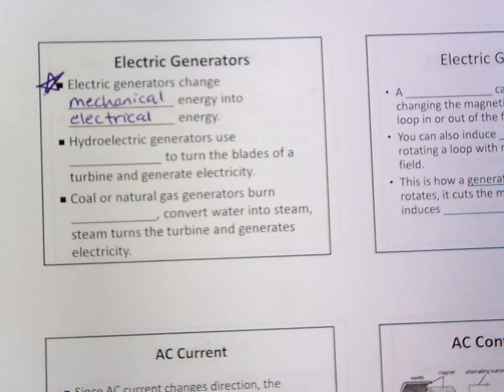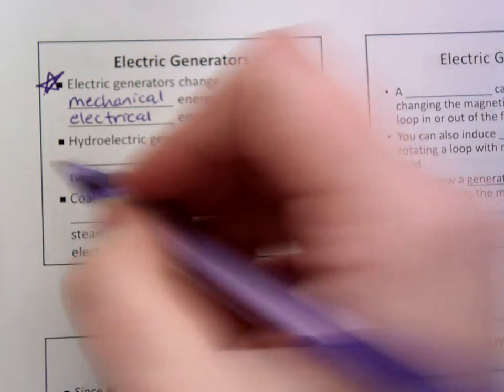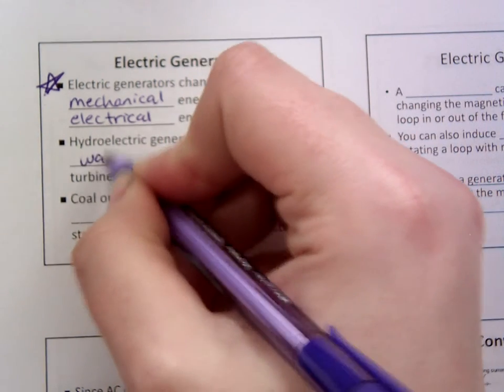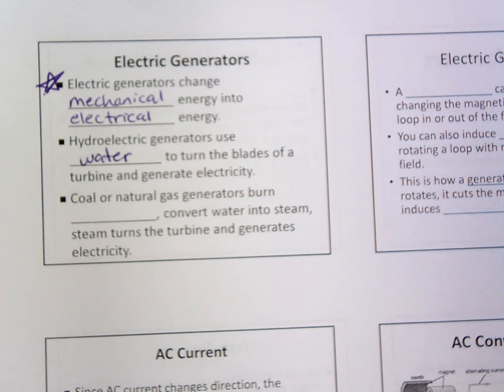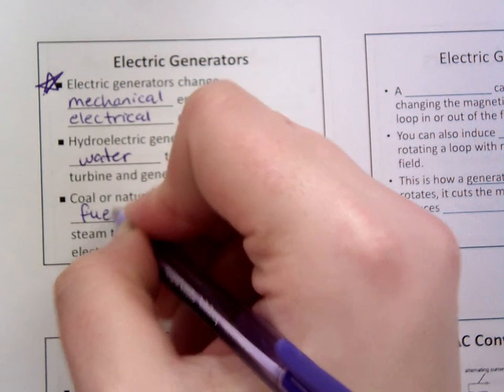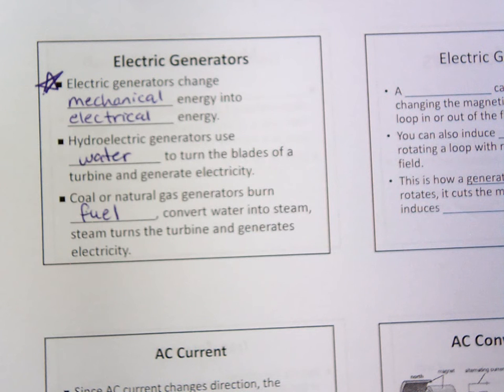So for instance, a hydroelectric generator, like the Hoover Dam for instance, is able to use water to turn the blades of a turbine, which generates electricity. Coal and natural gas generators burn fuel, which ends up causing a turbine to turn, which generates electricity.